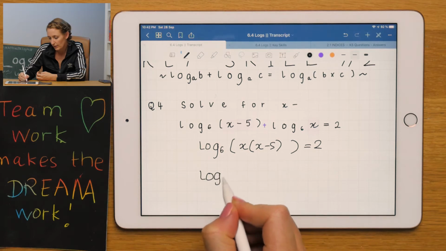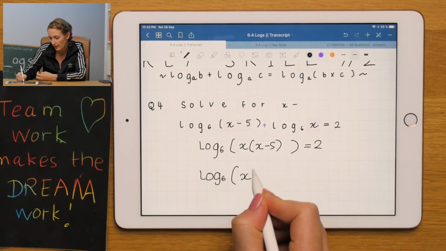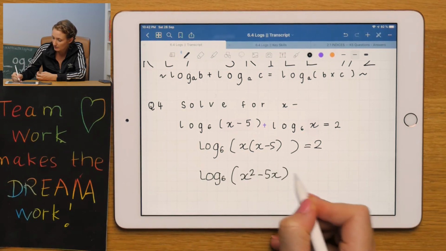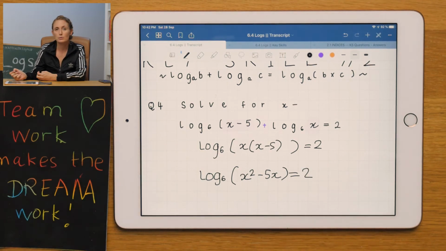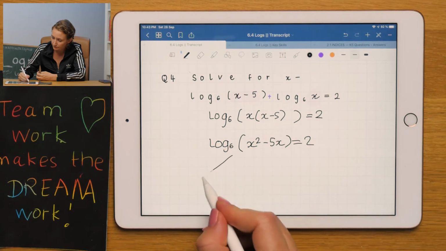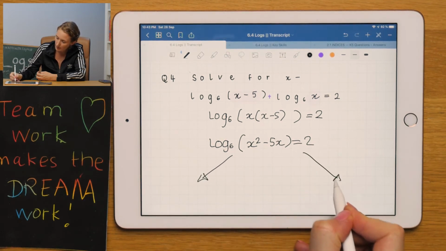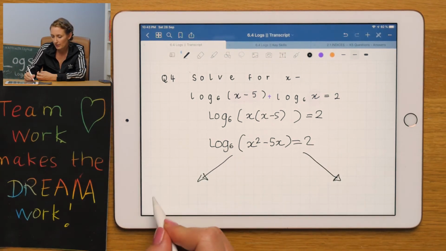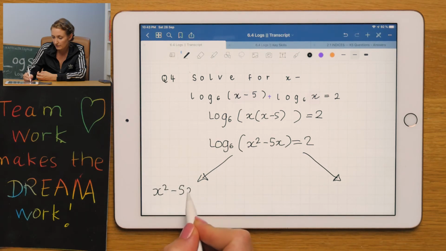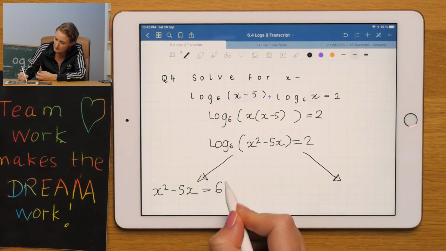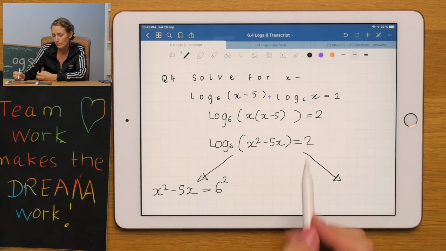So we can multiply out this bracket. So this would be x squared minus 5x equals 2. Okay, we want to be able to actually solve this. So there's two ways to think about this. There's one way, which is our uppercut method, which says that x squared minus 5x is equal to 6 pushes up the 2.